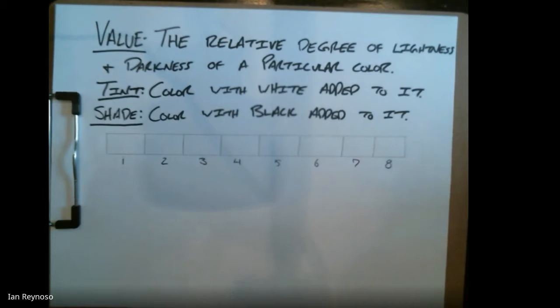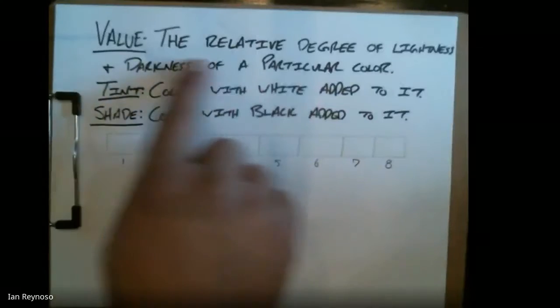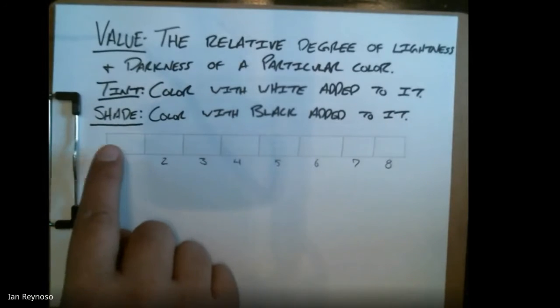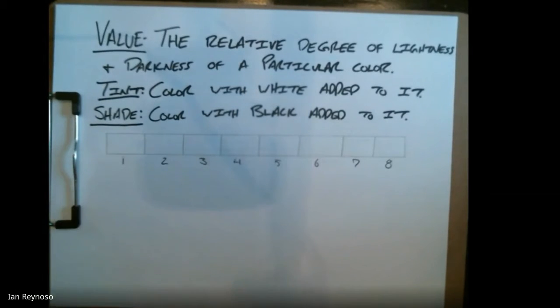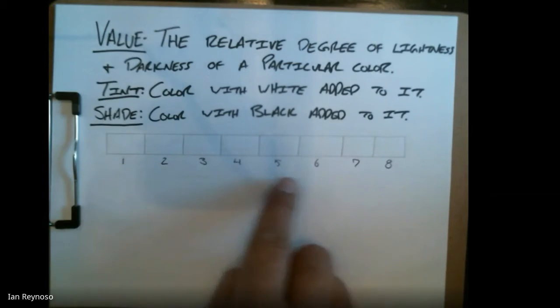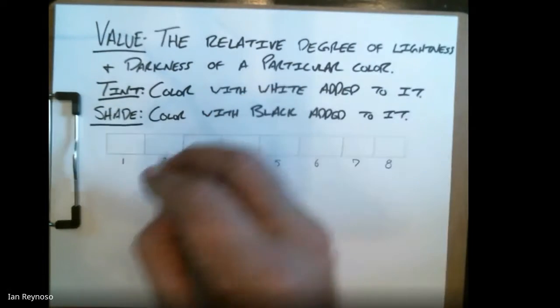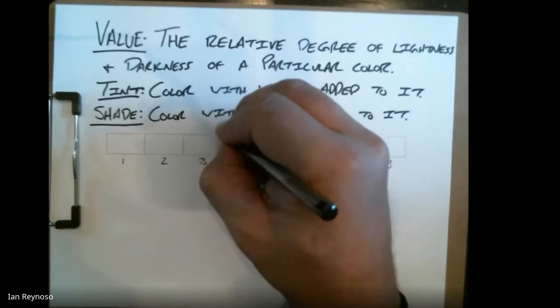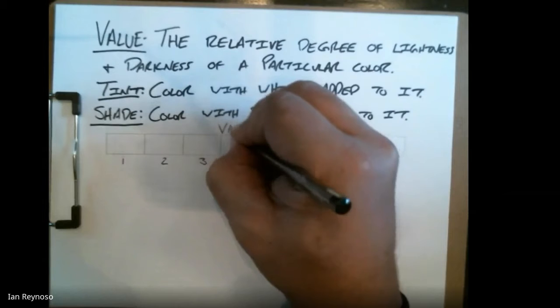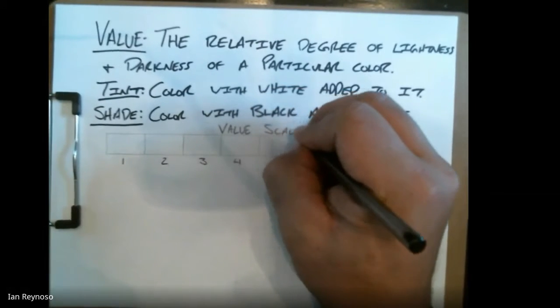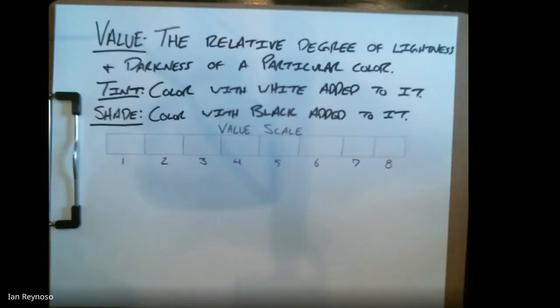So my notes should have my value definition, tints and shades, and this box with 1 through 8 off of it. Now I'm going to label this rectangle. What you're creating is called a value scale.